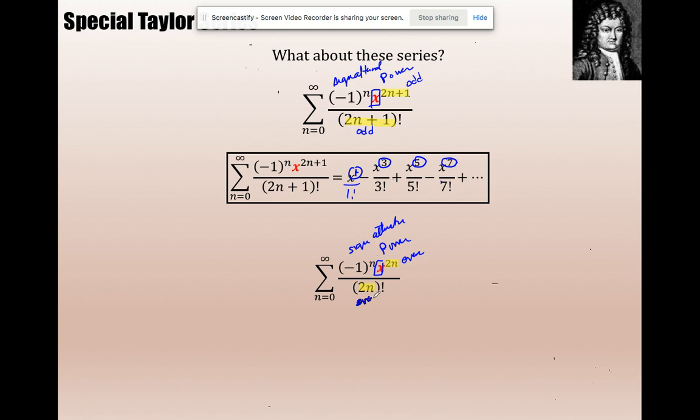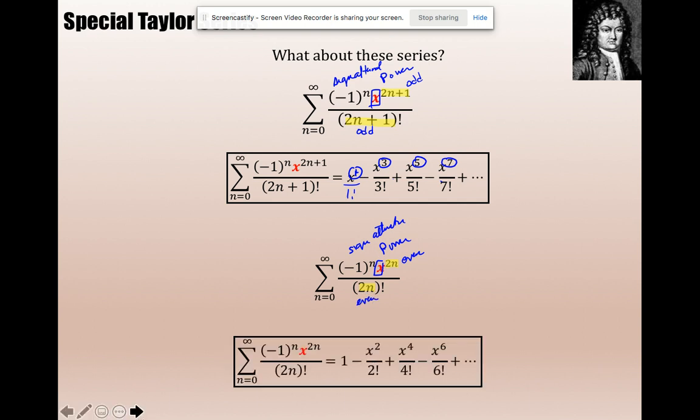Even. So write out a couple terms of that. Plug in 0, negative 1 to the 0 is positive, right? X to the 2 times 0, which is x to the 0, over 2 times 0 factorial. So this is x to the 0 over 0 factorial, which is 1. Then my signs alternate, and really you have an x to the 0 here, and 0 is an even number, right? That's kind of a cool pattern.